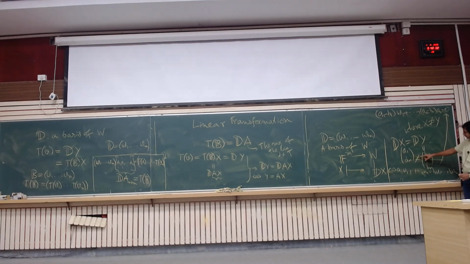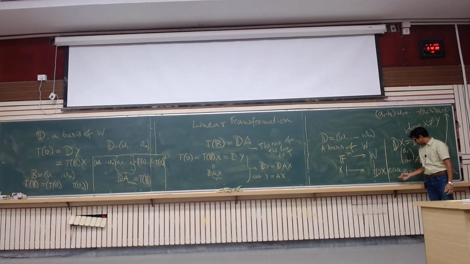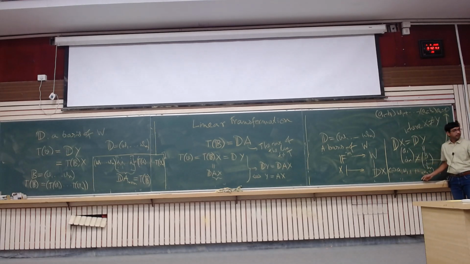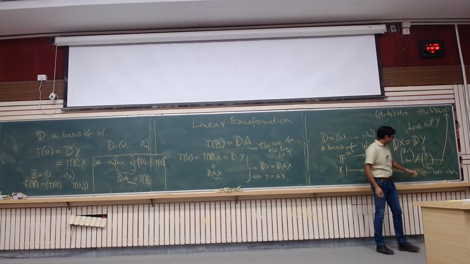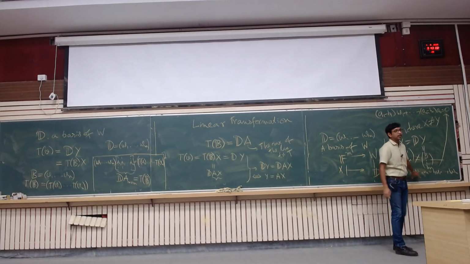So x is just such a column vector, which gives you the coefficients of the linear combination of these basis vectors. So dx denotes that d is this w1 to wn, and these give you the linear combinations corresponding to that. And these two cannot be equal, because if they were equal, that would contradict the linear independence of w1 to wn.